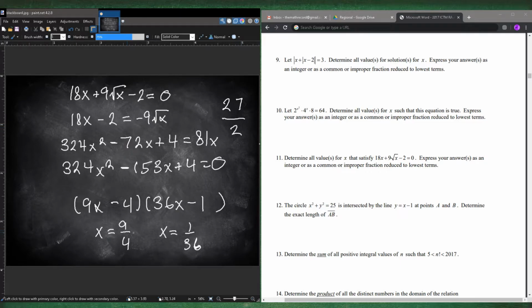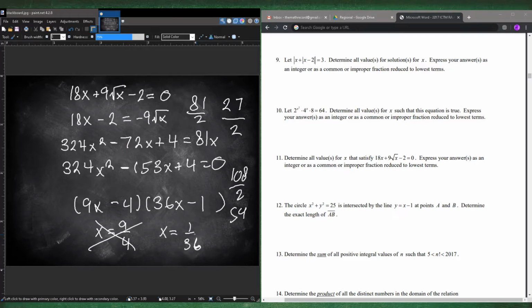And then 9 over 4 times 18. So 18 divided by 4 is equal to 9 over 2. And that will be equal, times that 9, is 81 over 2. Okay, so adding them together, that's 108 over 2, and that will be equal to 54. 54 minus 2 is not equal to 0, so this answer is not true.